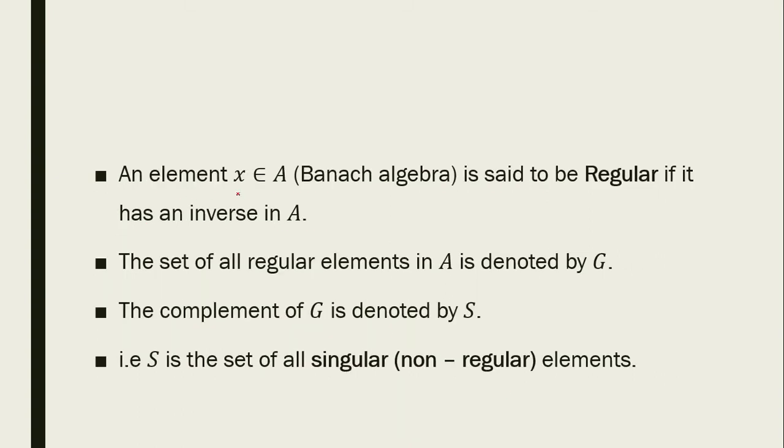An element x belongs to A, where A is a Banach algebra, is said to be regular if it has an inverse in A. The set of all regular elements in A is denoted by G and the complement of G is denoted by S. That is, S is the set of all singular or non-regular elements.